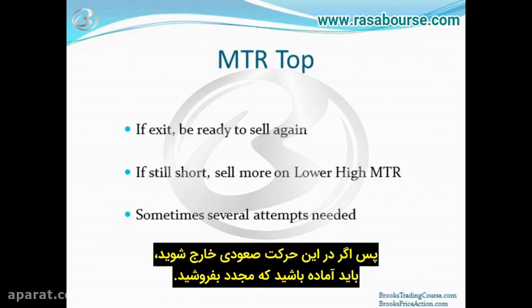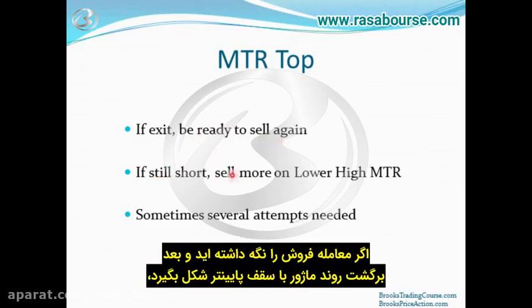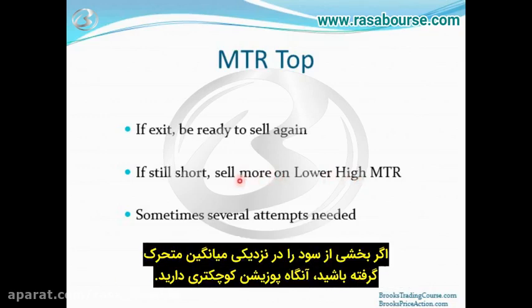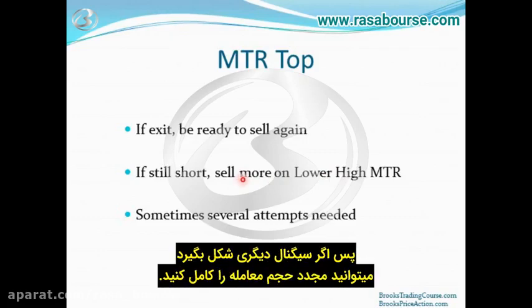So if you exit during this rally, you have to be ready to sell again, and if you're still short, you should consider selling more if we form a signal bar for a lower high major trend reversal short. Remember, you probably took partial profits around the moving average, so now you have a smaller position, and you can go back to a full position if we get another signal.